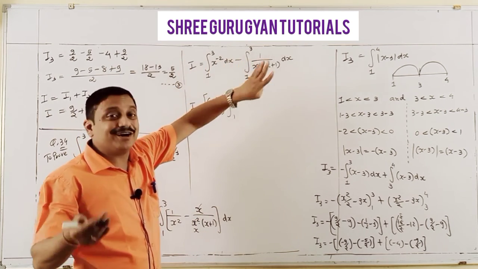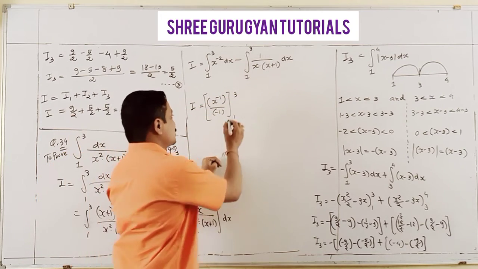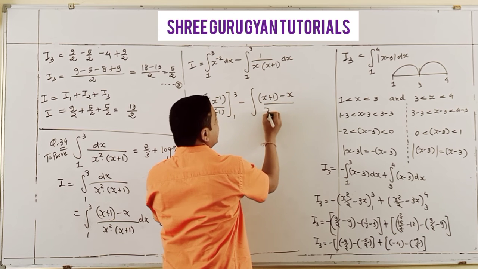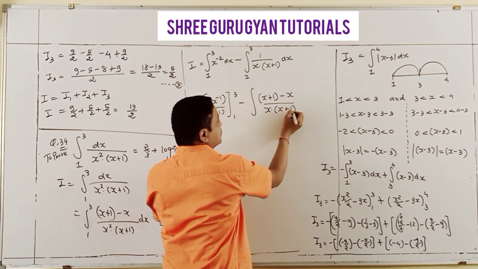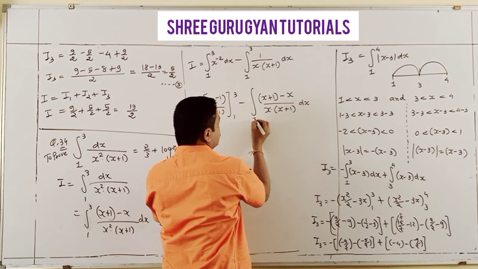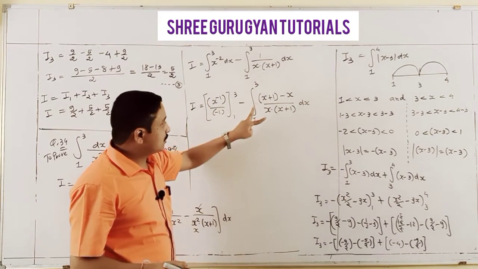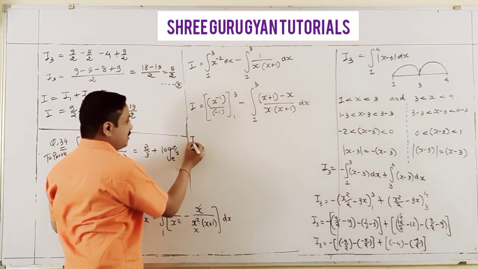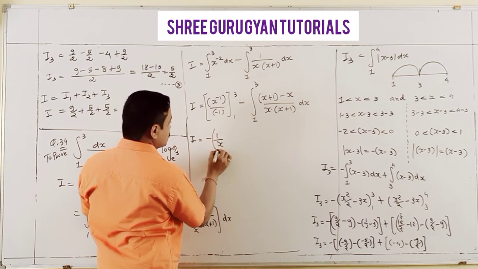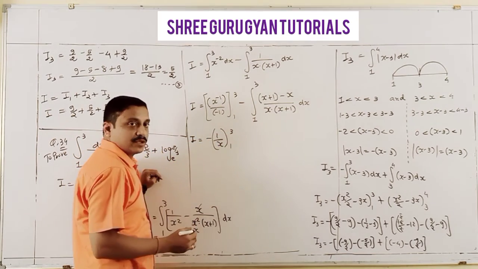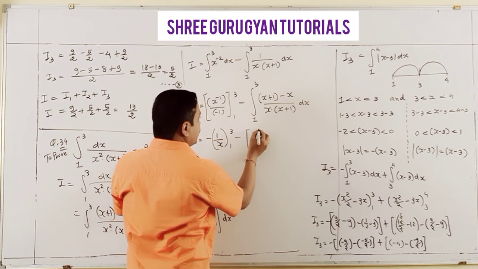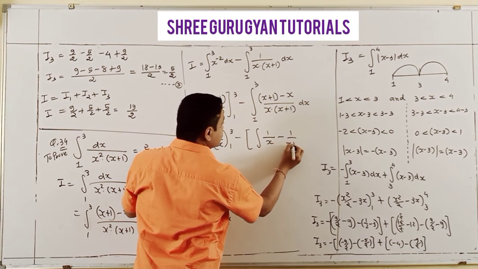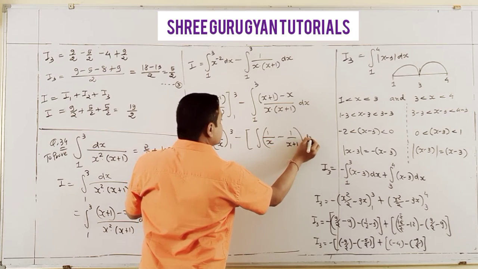And here again by parts, shortcutly, x plus 1 minus x, students, here 1 to 3. So this upon this upon this, both separations. It should be minus 1 by x, 1 to 3. And here integration of 1 upon x minus 1 upon x plus 1 dx.